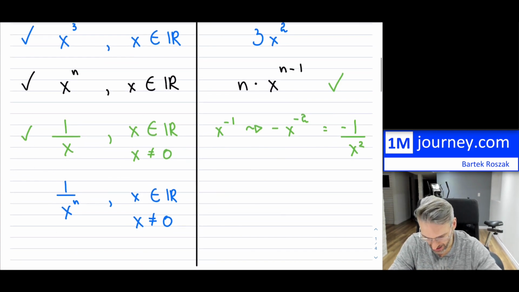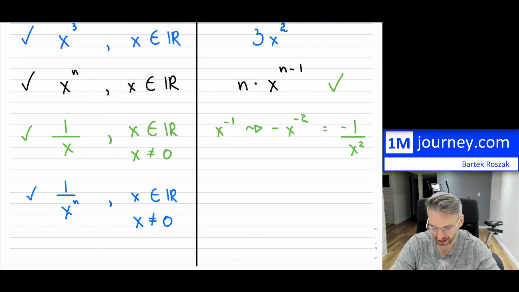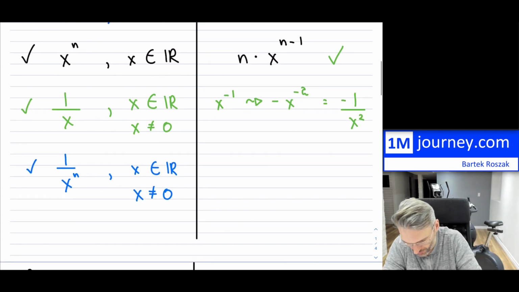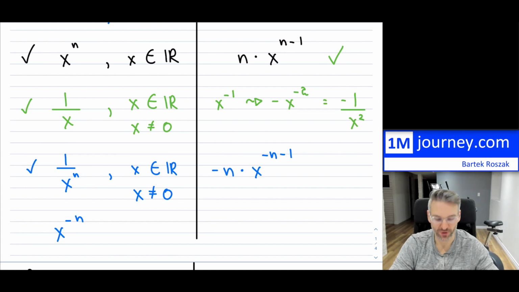In the general case, if you take 1 all over x to the n, again just from power functions, if you recall, this is nothing else but x to the negative n. And if you take its derivative, then it is going to be negative n, which drops to the front, multiplied by x to the negative n minus 1, and that is your derivative.